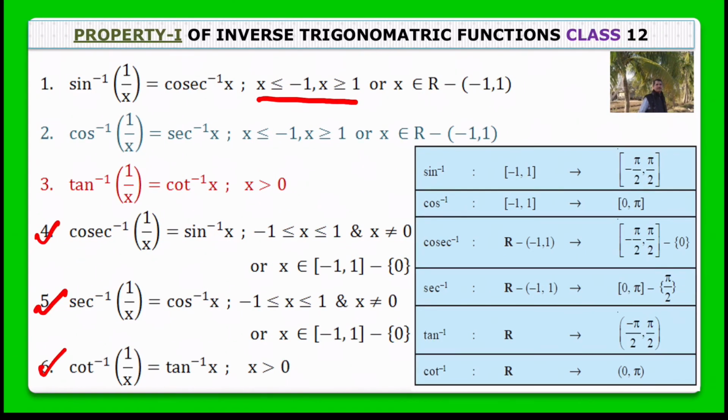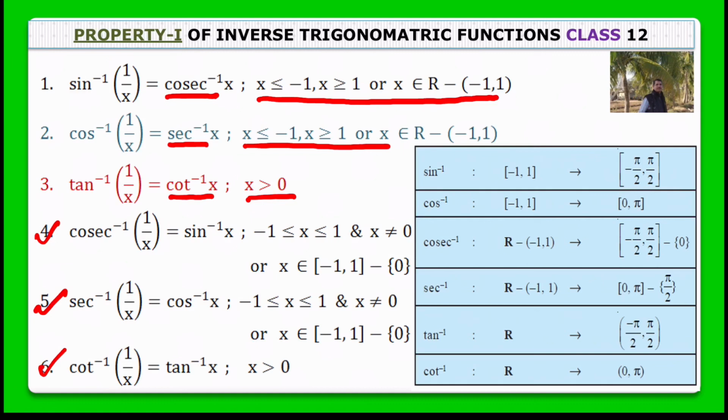In the first, the value of x is taken from the domain of the cosec inverse, and in the second the value of x is taken from the domain of sec inverse. In the third part the value of x is taken from the domain of the cot inverse, but only positive. Why have we taken positive?